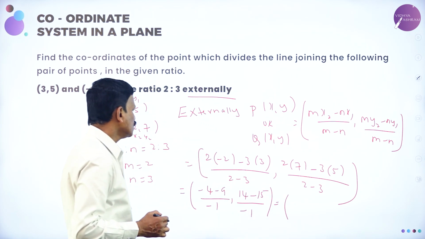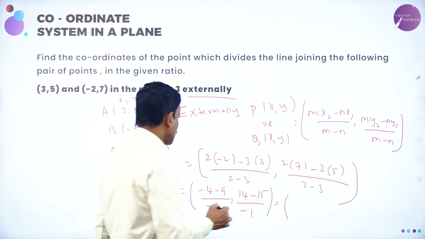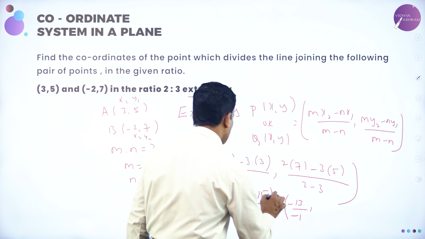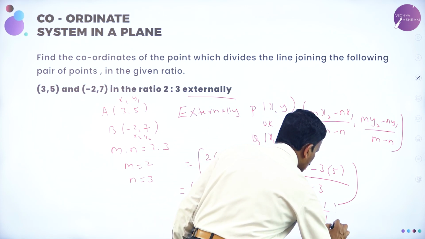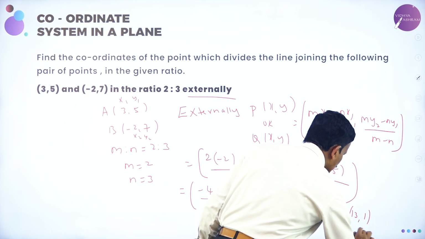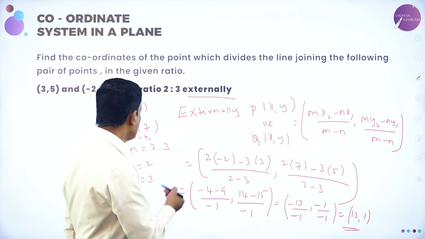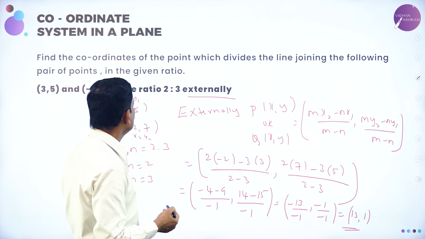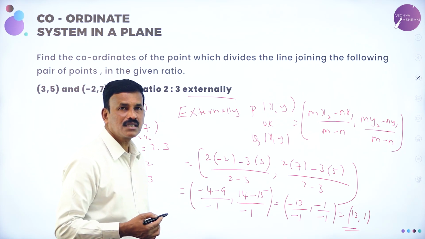This is equal to minus 4 minus 5 is minus 13 by minus 1, comma 14 minus 15 is minus 1 by minus 1. So this is equal to plus 13 comma plus 1. The coordinates of the point P or Q which divides externally in the ratio 2:3 is (13, 1).